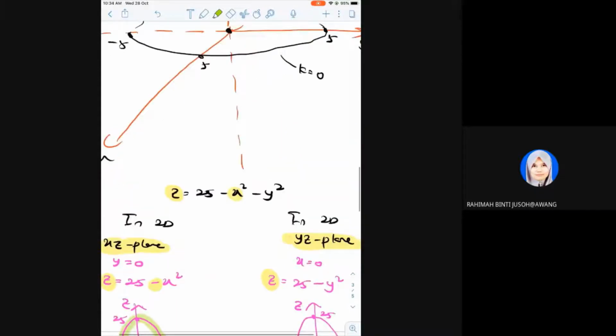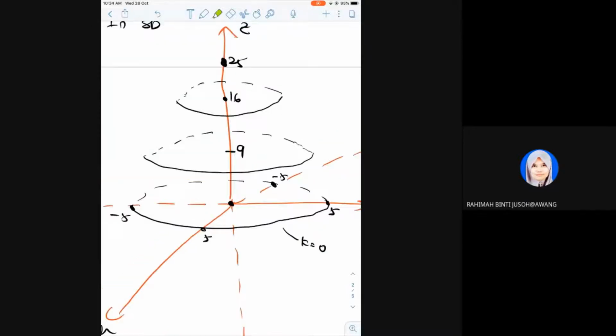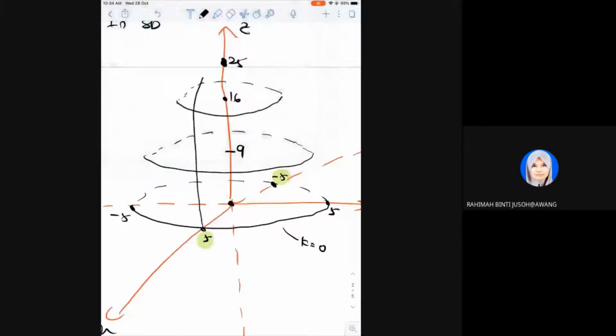So the line in 3D should be positive 5 and negative 5 at the back. So you will have a line like this from the front to the back, like this, from the back to the front.